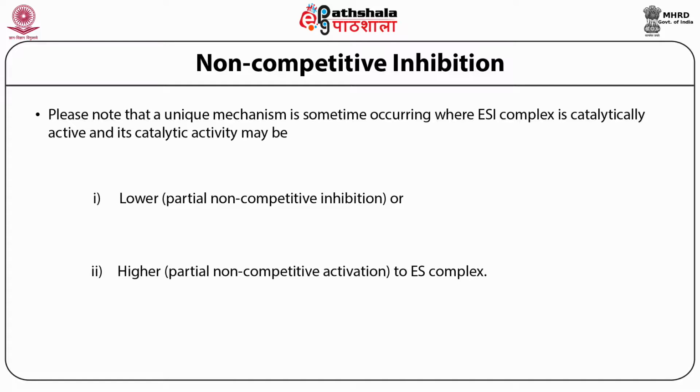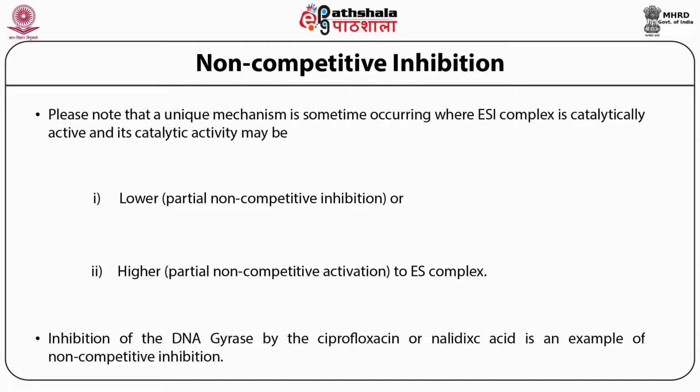If it has higher catalytic activity, then it is known as partial non-competitive activation of the ES complex. Non-competitive inhibitors do not affect ES formation, but they affect the product formation. One such example is the binding of ciprofloxacin or nalidixic acid to DNA gyrase.